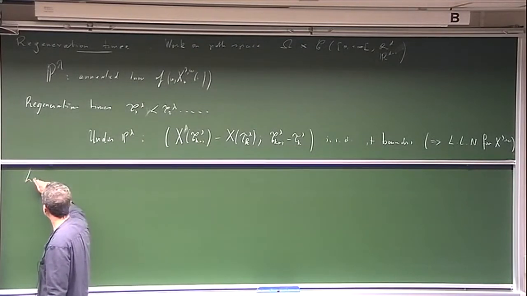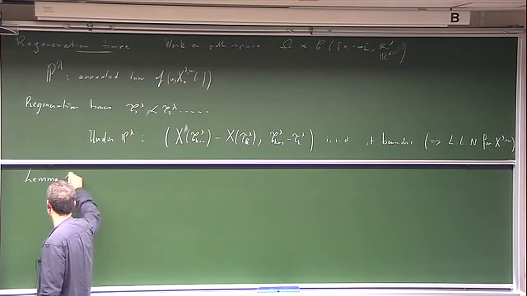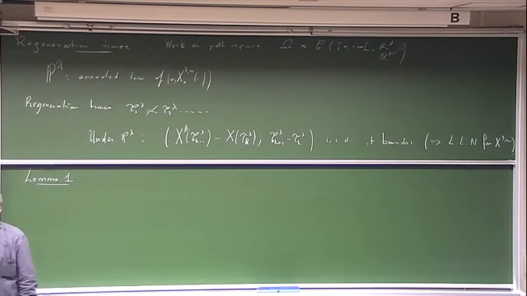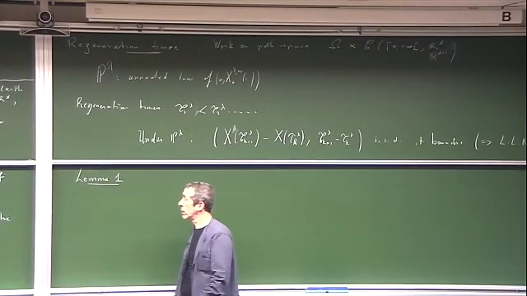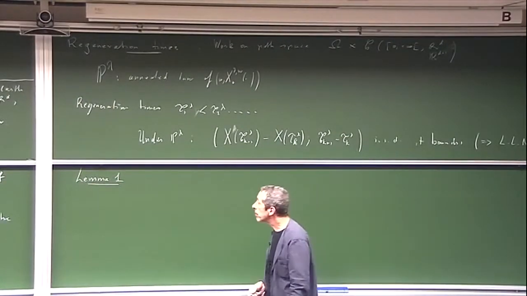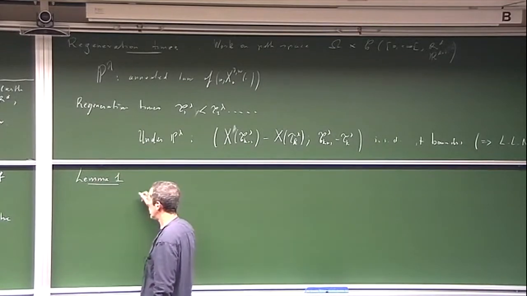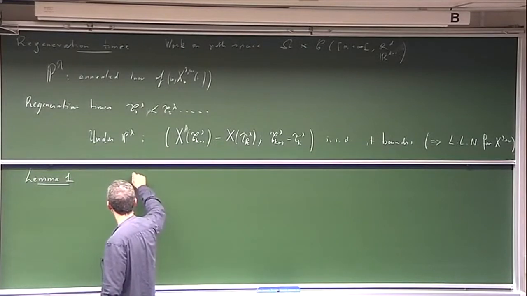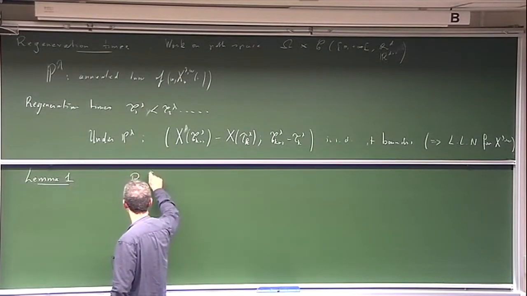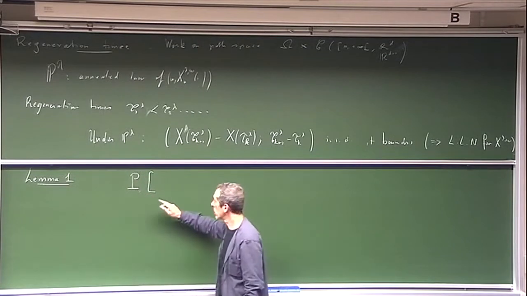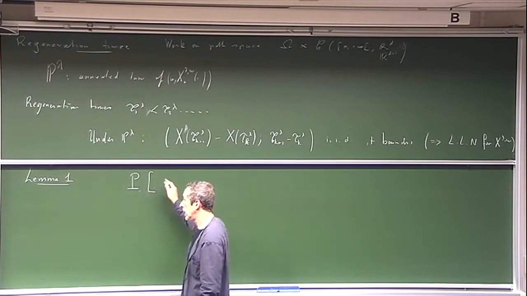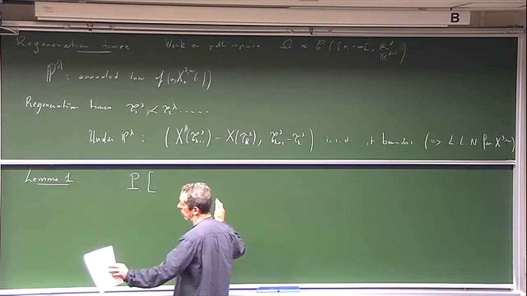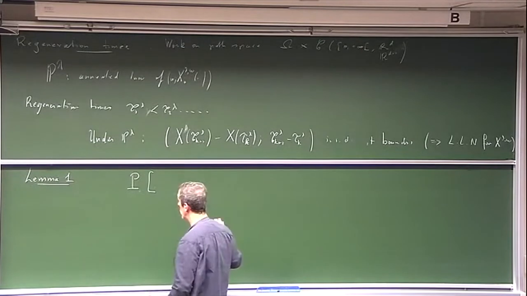So we proved two lemmas, 1 and 2, which express the fact that the diffusion does drift in the direction E1. The first one says the following: you look at the probability, and this P is quenched, for a fixed environment, that you eventually hit a hyperplane to the left when E1 is the direction to the right.